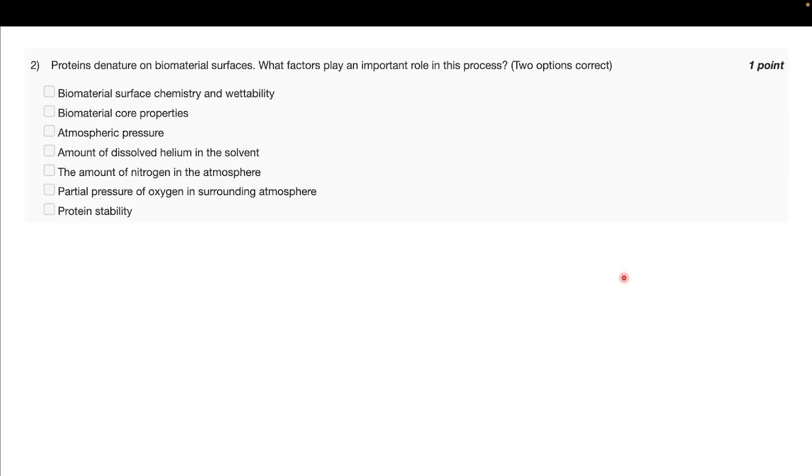Next is: proteins denature on biomaterial surfaces. What factors play an important role in this process? We were just talking about how proteins adsorb onto the biomaterial surfaces, right? And then they denature. So if you know the answer to this, please let me know. Again, we have to choose two correct options.